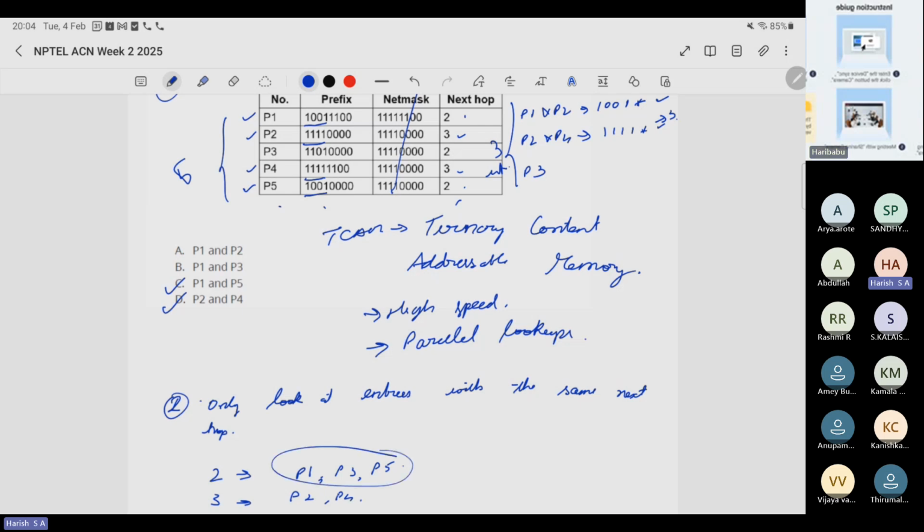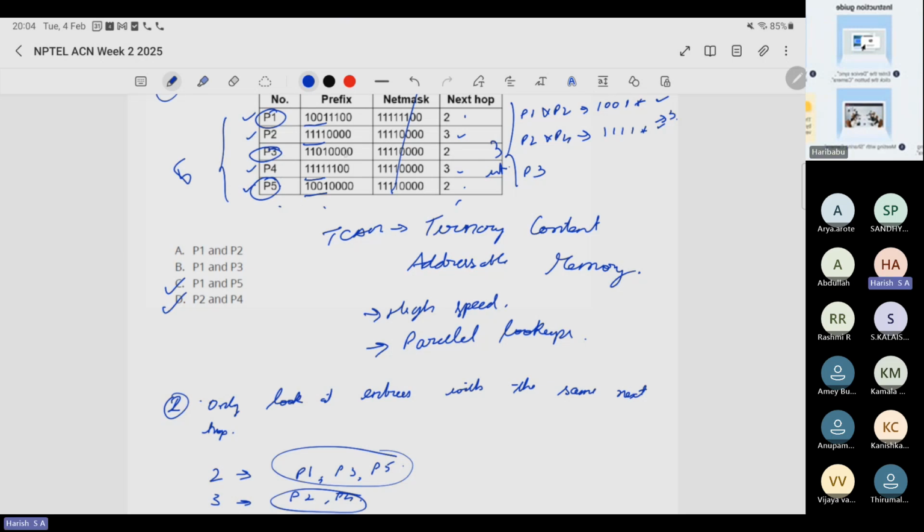So among these, what all can you merge? Now the question becomes simpler. Among P1, P3, and P5, can you merge all the three? No. That's because you don't have commonality between all of them.